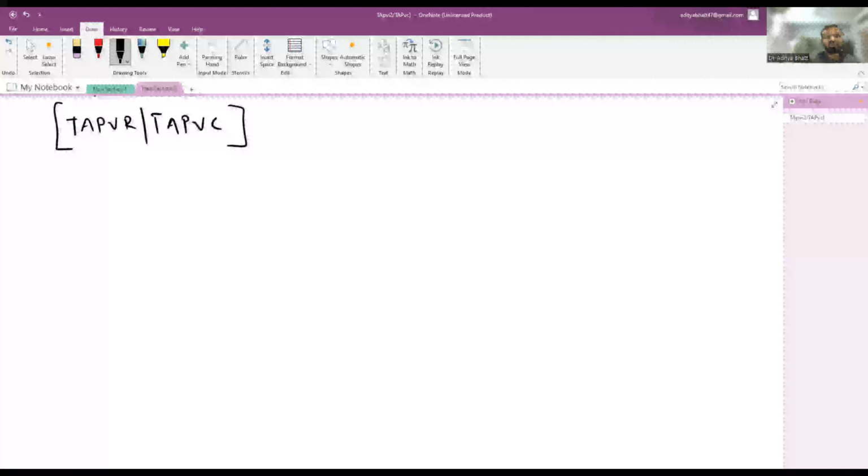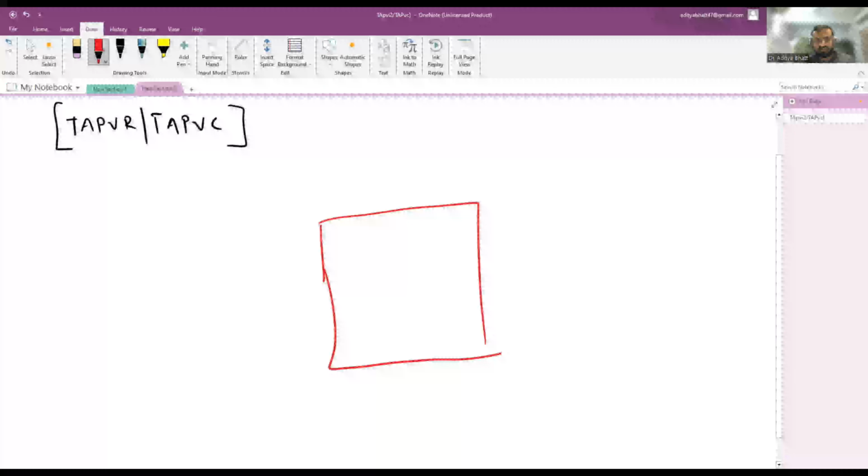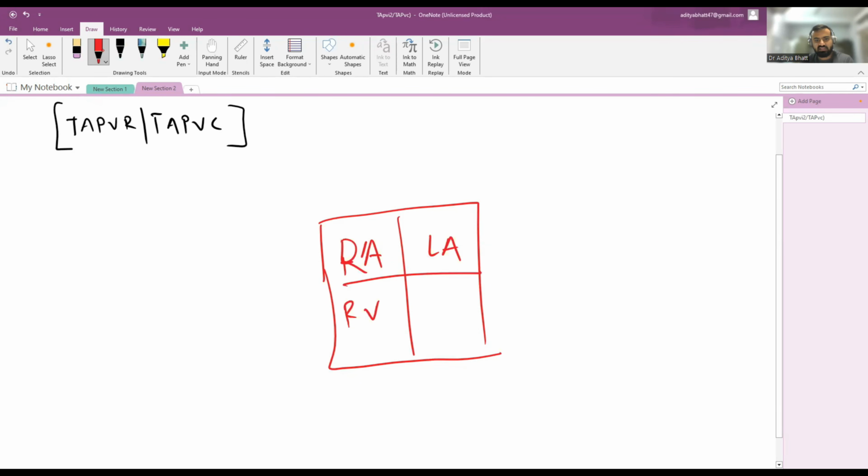Okay, so TAPVR or TAPVC. See, usually what happens is that this is a heart. In the heart, there is a right atrium, left atrium, right ventricle, left ventricle. From the right ventricle, there is the pulmonary artery, and there is the aorta.